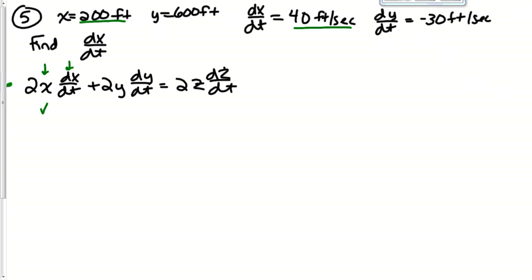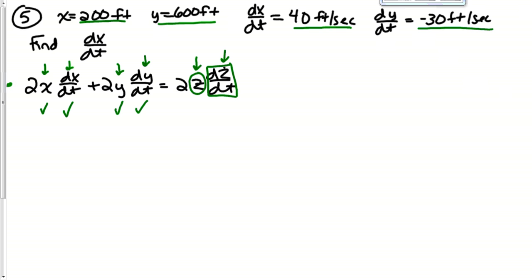That's 40 feet per second. 2 stays 2. Y. I need a y to plug in, and I know that y is 600, so I do have that. dy/dt is the next thing I will need to plug in, and I do have that. That's negative 30 feet per second. Check that one off. The 2 stays. The z, I don't have a z anywhere. And the dz/dt, well, this is what I'm trying to find. So that's obviously going to stay dz/dt. However, I need to find out what z is.